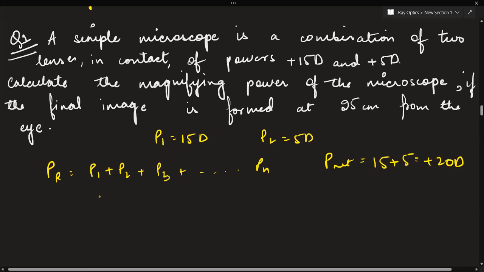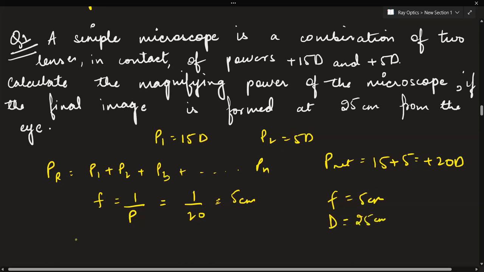Focal length is the reciprocal of power. So focal length will be 1 by power. If power is 20, focal length will be 1 by 20, that gives 5 centimeters. Now see, you have F with you. F is 5 centimeters. You have D with you. D is 25 centimeters.